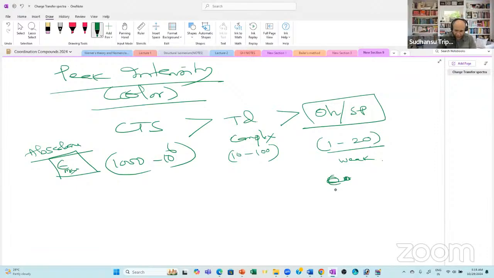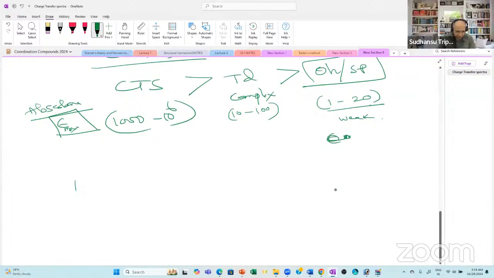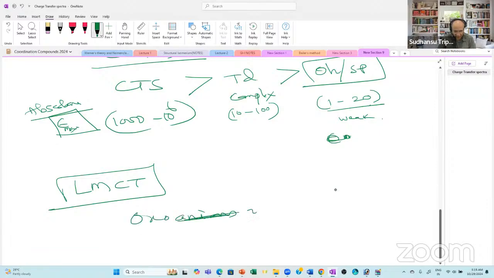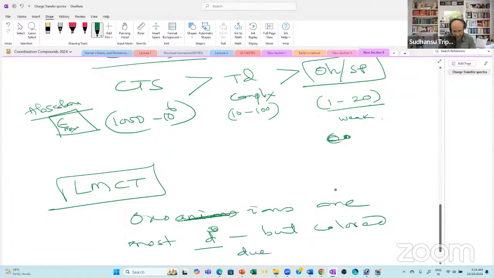Let me introduce first the LMCT. The oxo ions are mostly D0, but colored due to CTS.